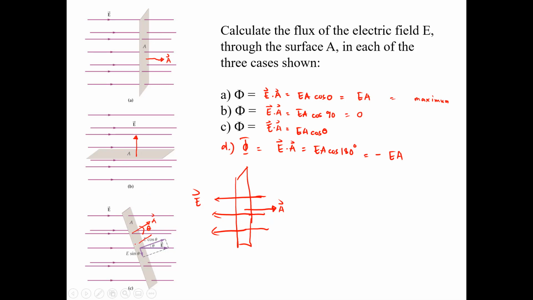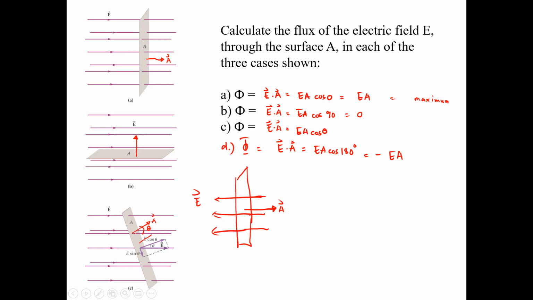And then for the third case, what is this? Your area vector is this. Since your surface is inclined or tilted, your area vector is at some angle with respect to your E. Your vector E is again going to the right. Okay?